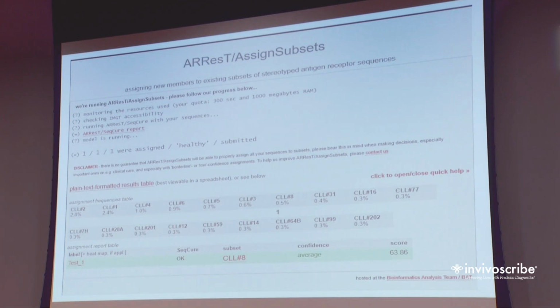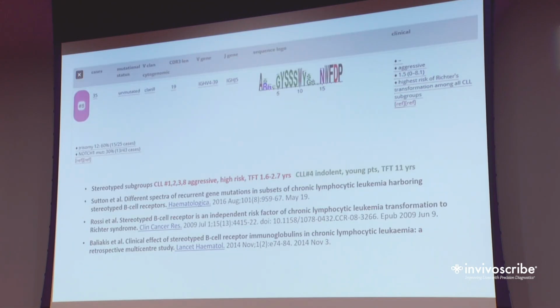So you just click here, CLL subset 8, and what comes up is that, if you look on this side, it's a very aggressive disease. It's got a time to first treatment of 1.5 years. The highest risk of Richter's transformation among CLL subgroups. And if you look over here, especially when you're talking about Richter's, your NOTCH mutation has been found in 30% of these cases.